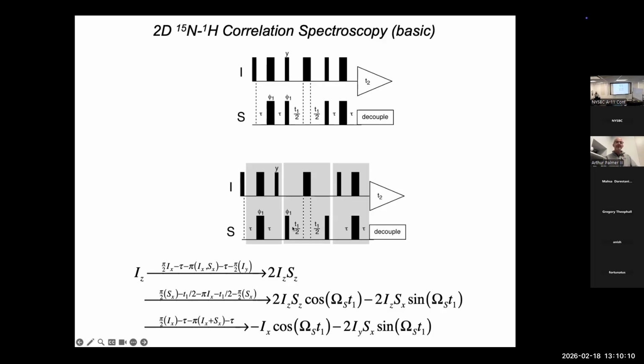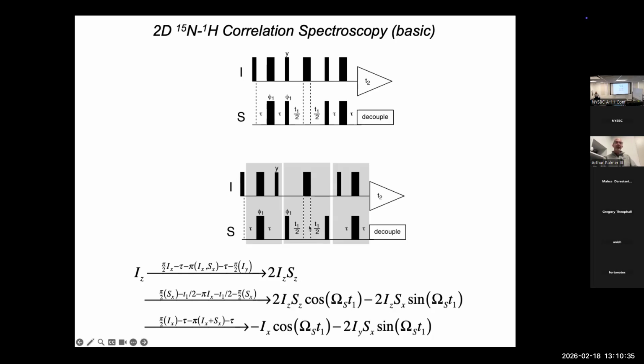Then I have the second block. So this first pulse, if it's X, is going to turn the SZ into minus SY. So I'll have transverse coherence on the S spin. And now I have this time period, T1 over 2, a 180, T1 over 2.